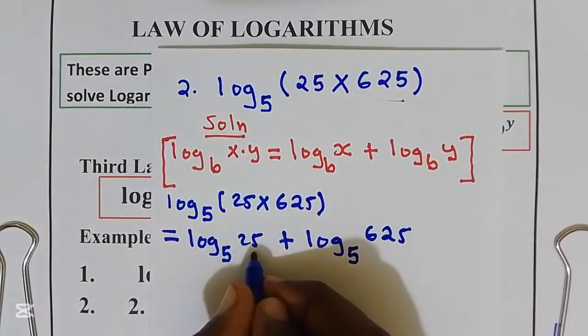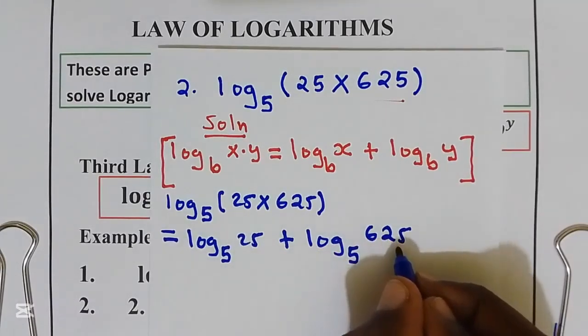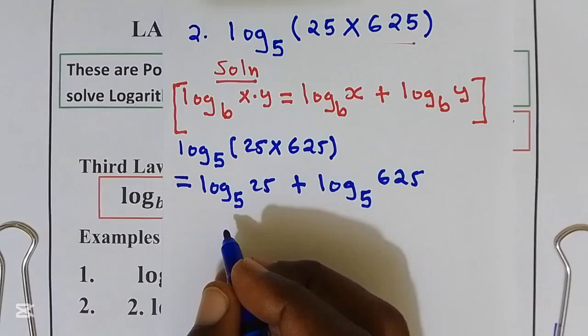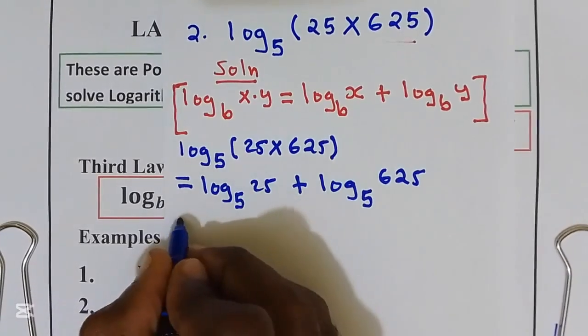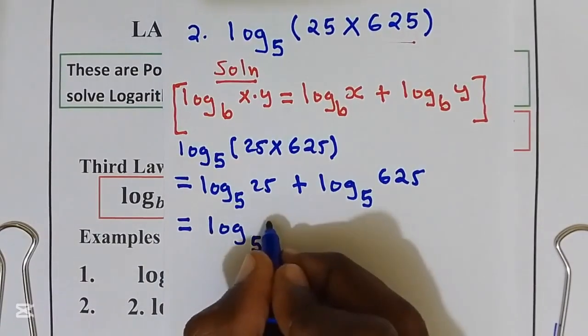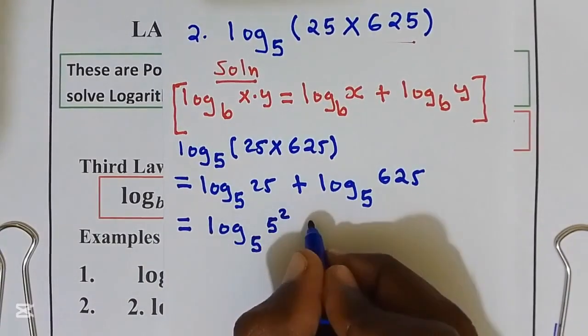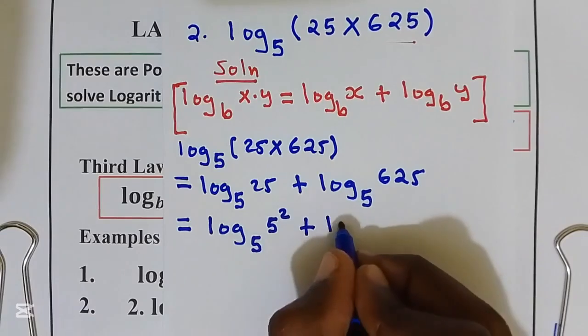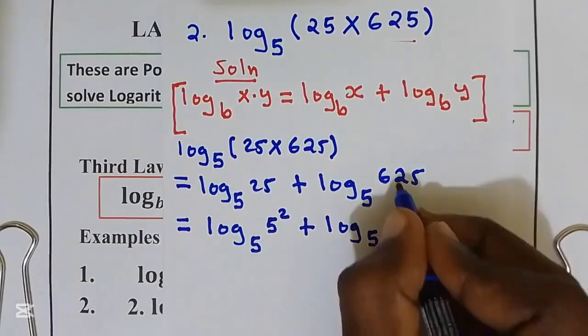Let's put 25 and 625 into power form. That is equal to log base 5, 25 is 5 power 2, plus log base 5, 625 is the same as 5 power 4.